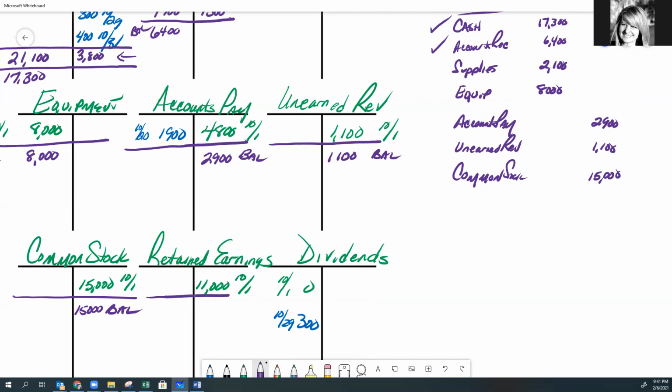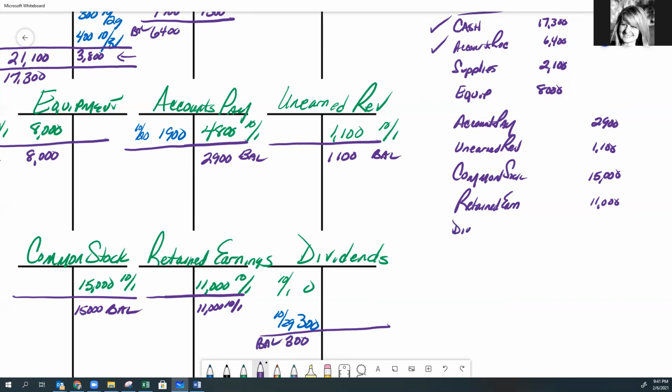Our retained earnings, same thing, no transactions until we close our accounts, which is a later lesson. Our dividends, we started out with a zero balance and we debited it 300. So our balance of our dividends is 300.